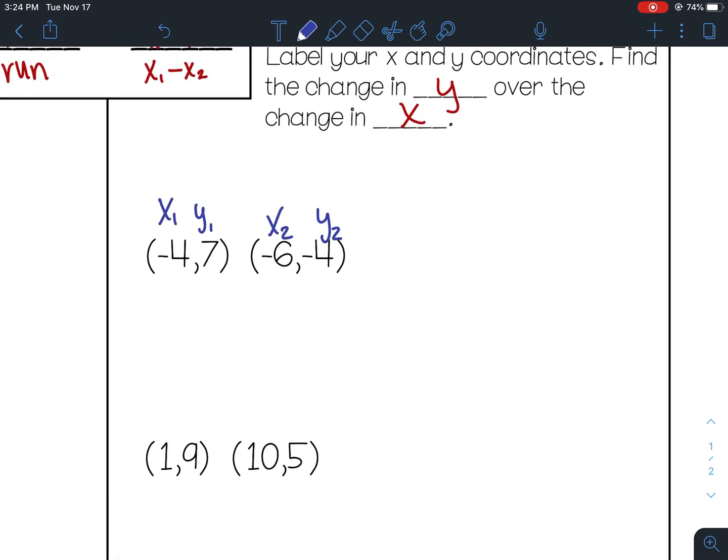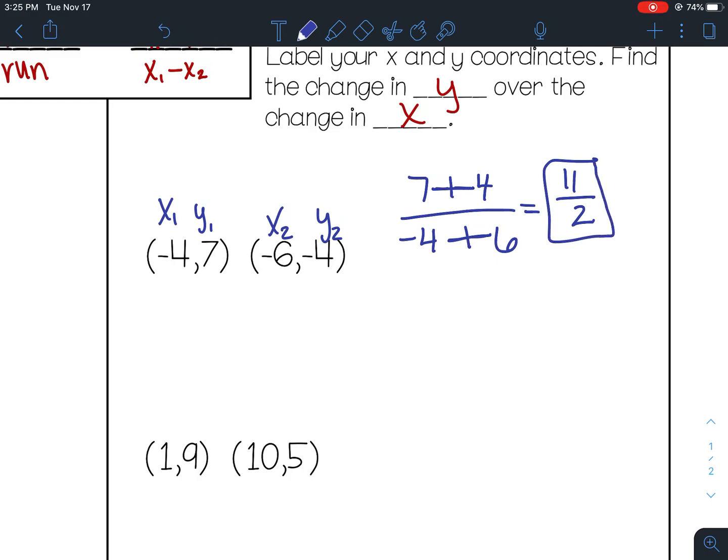Let's do our y's first. So I'm doing 7 minus negative 4 over, because I did 7 first, I have to do negative 4 minus negative 6. 2 negatives make a positive, so I'm going to put those as positives there. 7 plus 4 is 11. Negative 4 plus 6 is 2.